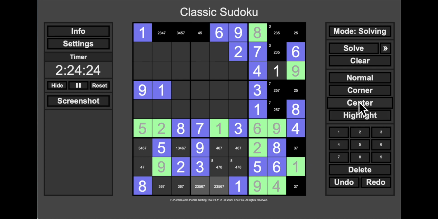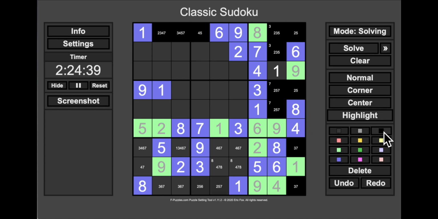Okay, these cells are not 3. This one isn't 7. 2, 5, 6 still look likely. This one can't be 6. I think these are good where they are.